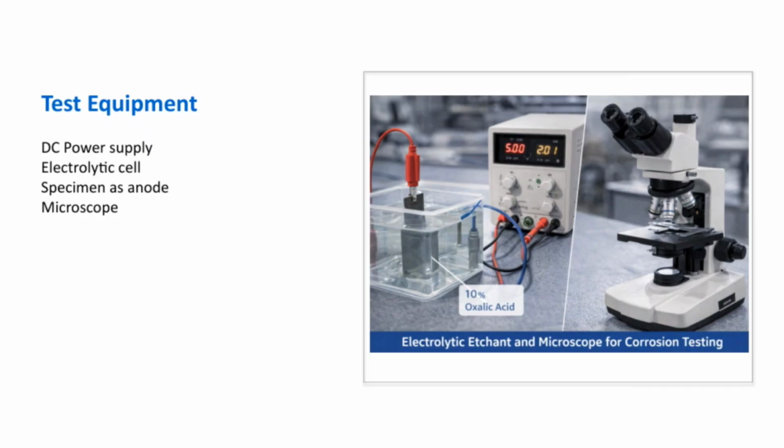We also have the microscope, which allows us to closely examine the specimen's surface and any changes that take place at a microscopic level. Together, these tools enable us to conduct precise and insightful analysis of the electrochemical processes involved. This equipment setup is fundamental to understanding the behavior of materials in electrochemical environments, which ties back to our overall theme of material performance and durability.